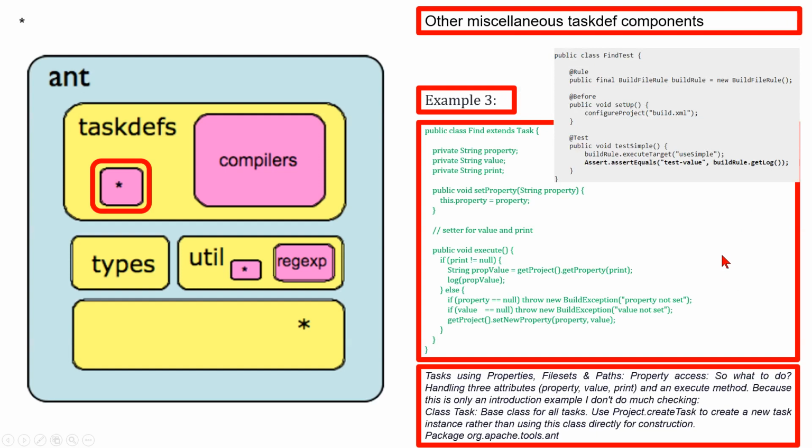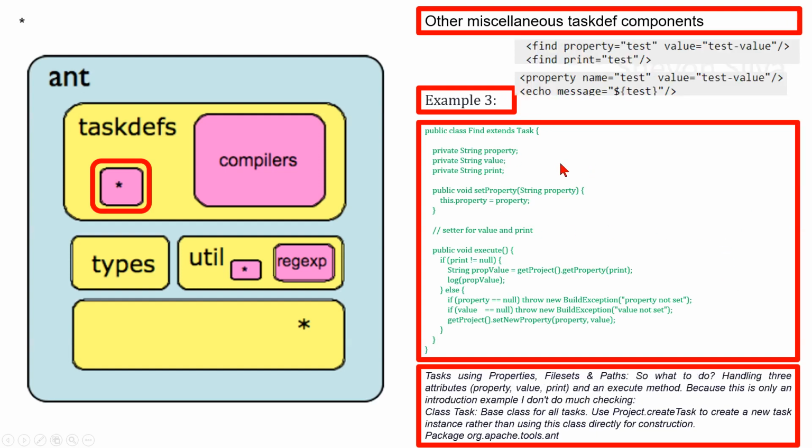So what to do? Handling three attributes: property, value, print, and an execute method. Because this is only an introduction example, I don't do much checking. The property access is done via the project instance.